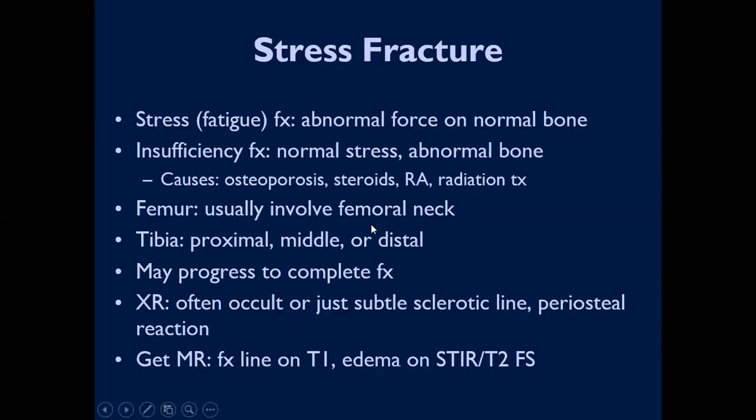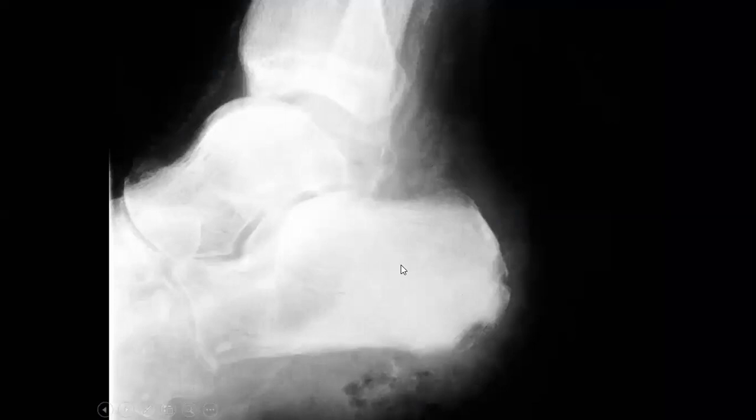The sites are important, they like the femoral neck, and in the tibia, maybe the proximal, middle, and distal. It's a differential, but you can recognize it by the history and the clinical findings.